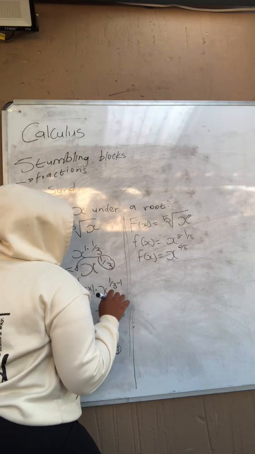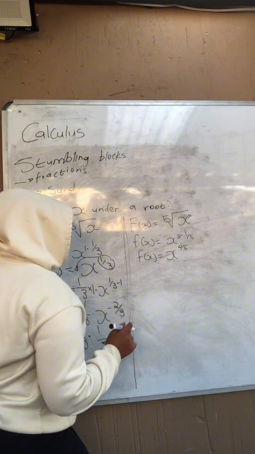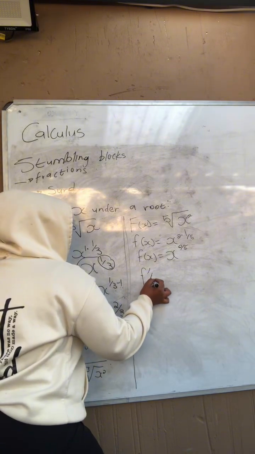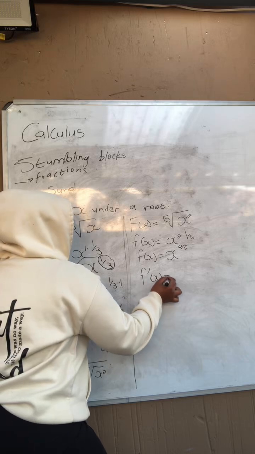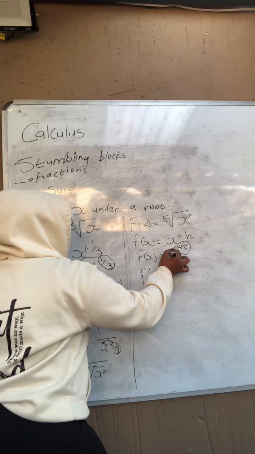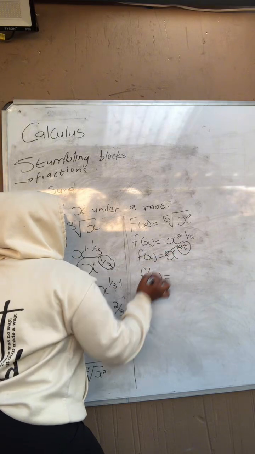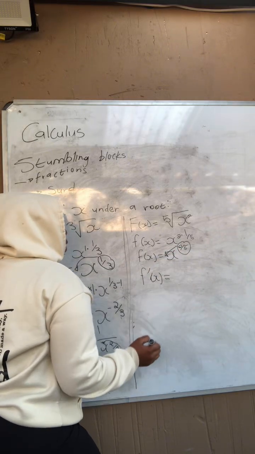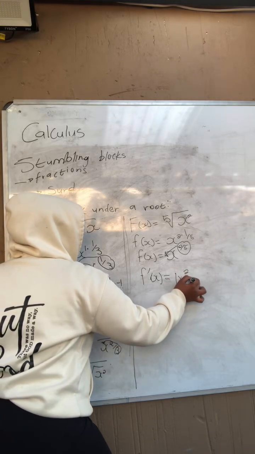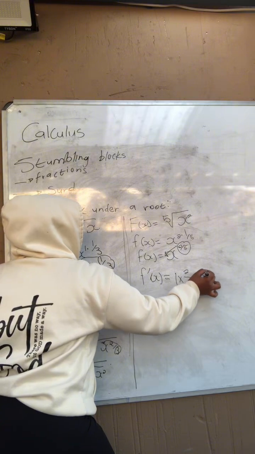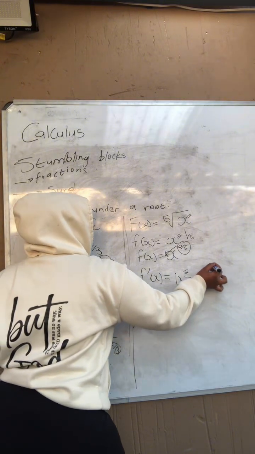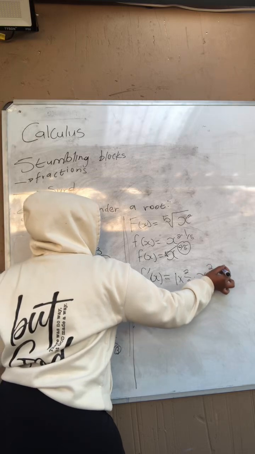We can now start differentiating. So f prime of x is equal to, we are going to bring down the index and multiply it with the base. So we are going to have 1 multiplied by 2 over 5, and therefore subtract 1 from the index. So we are going to have 2 over 5 subtract 1.